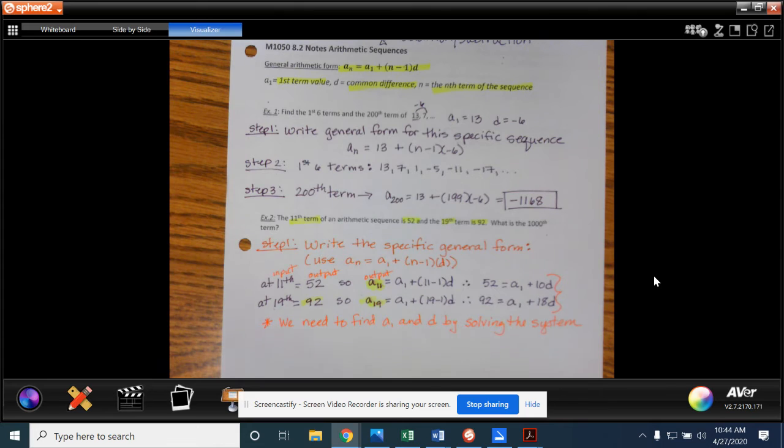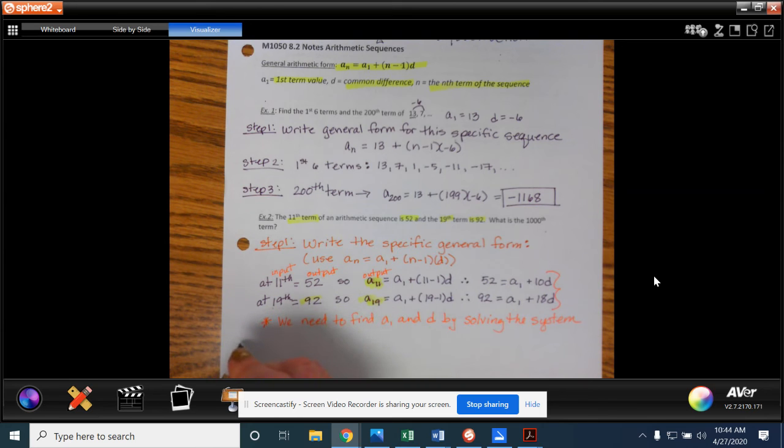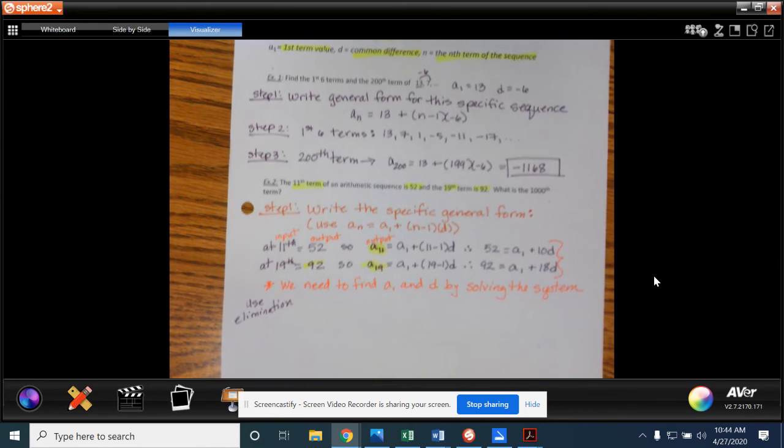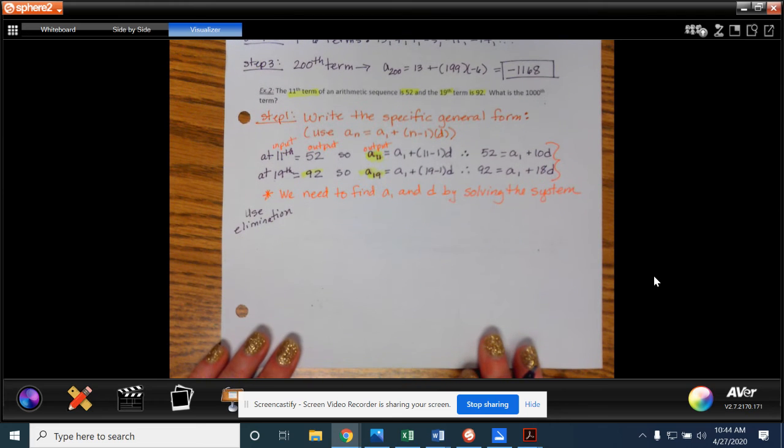It has two unknowns, just like x and y. I can use either matrices, or you can use your standard substitution or elimination. Personally, my preference on this one is I'm going to use elimination. Let me push this up, make some more room here.